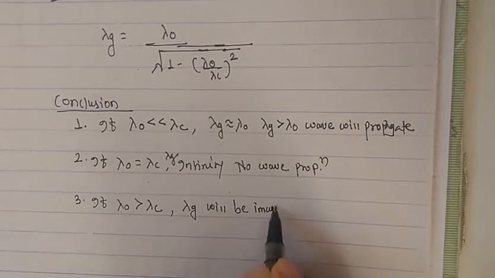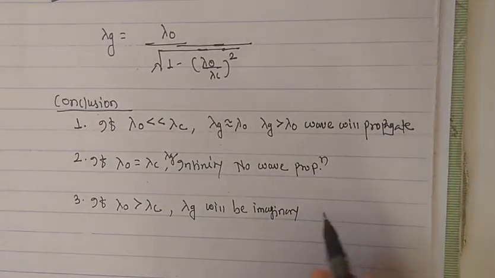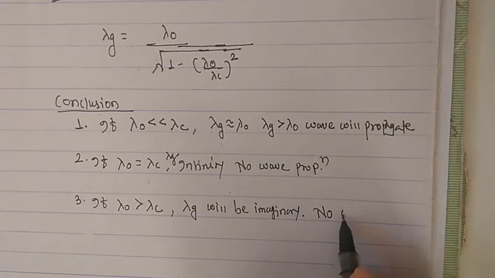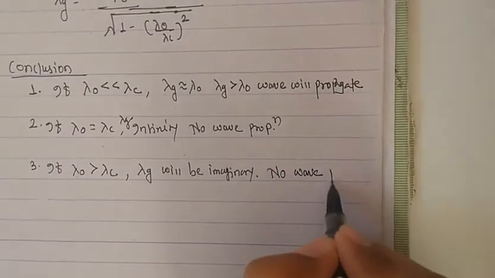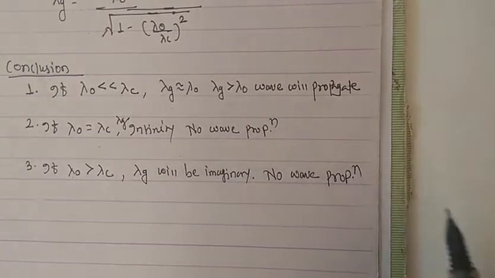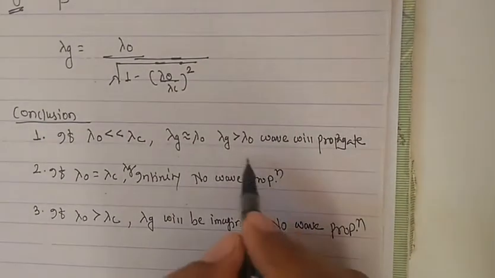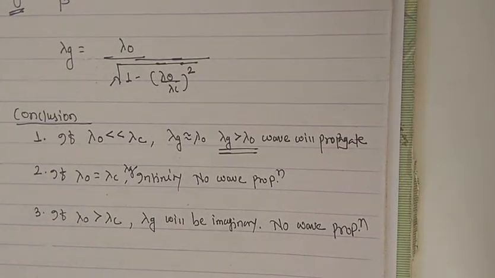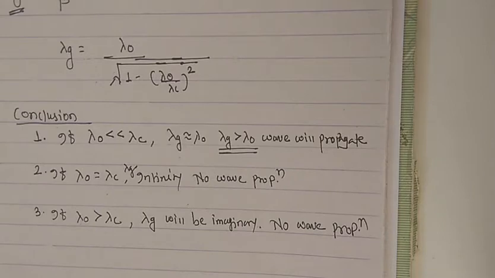Again, no wave propagation. So the only possible case is that lambda g has to be greater than lambda 0. That is the only case where wave propagation is possible in a rectangular waveguide.